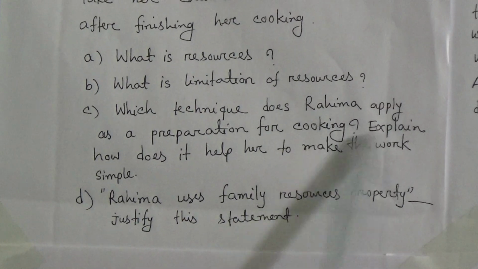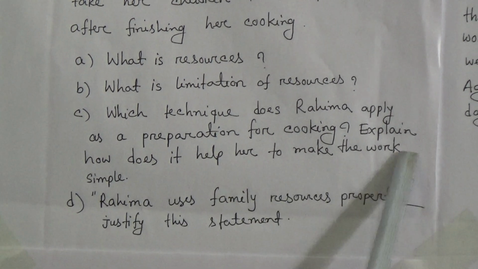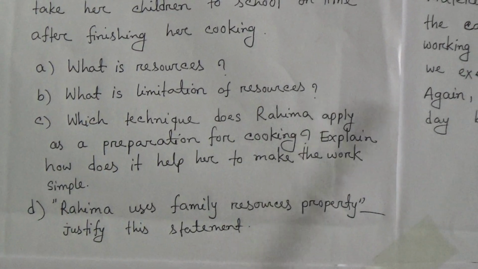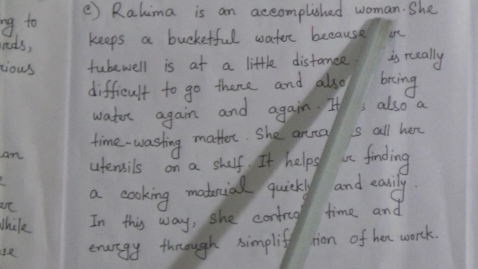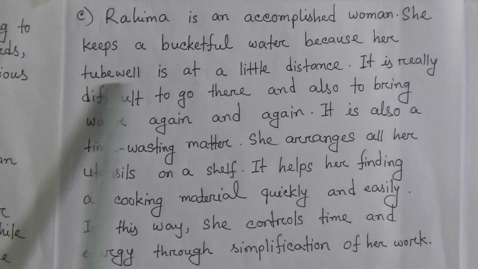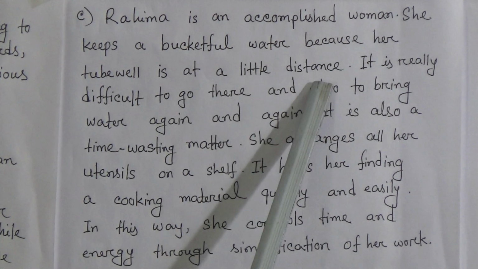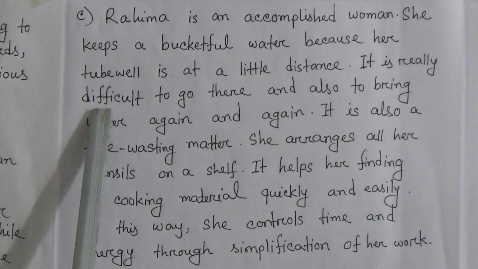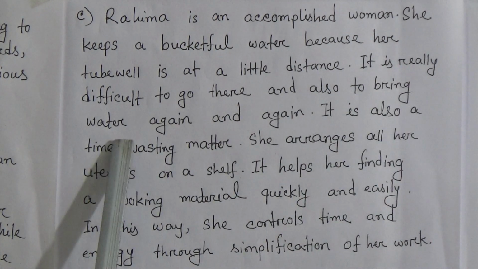Number C, which technique does Rahima apply as a preparation for cooking? Explain how it helps her to make the work simple. Rahima is an accomplished woman. She keeps a bucket full of water because her tube well is at a little distance. It is really difficult to go there and bring water again and again.